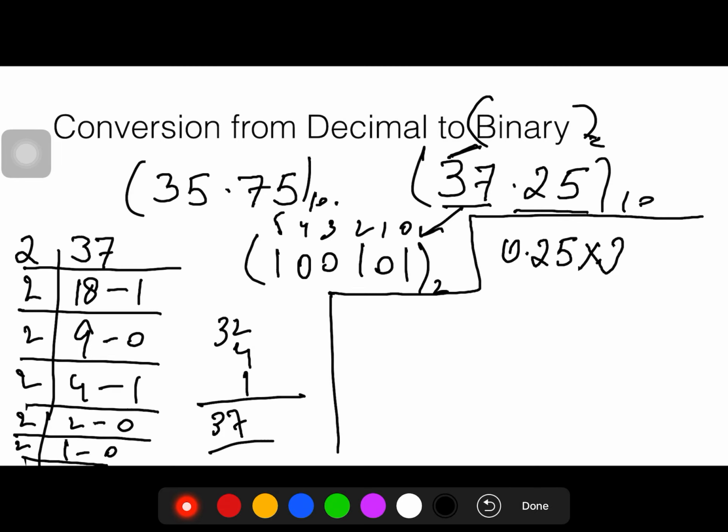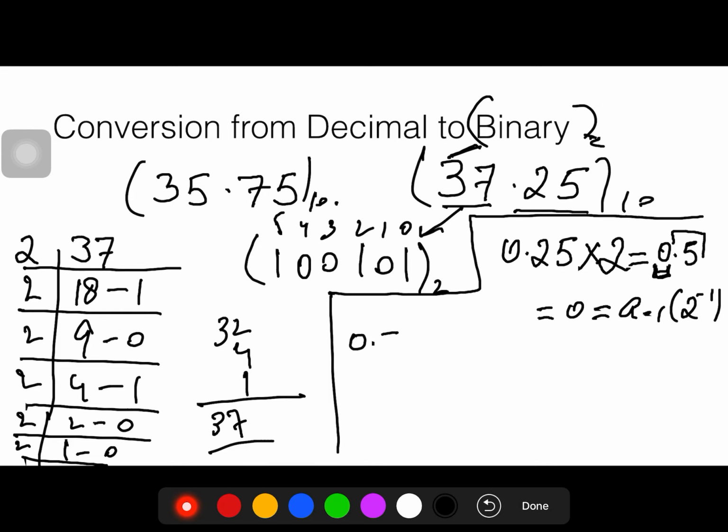We will multiply it by the base, which is 2, and compute the answer, which is 0.5. The integral part here is 0. Now 0 will become our a of minus 1, or 2 raised to the power minus 1.